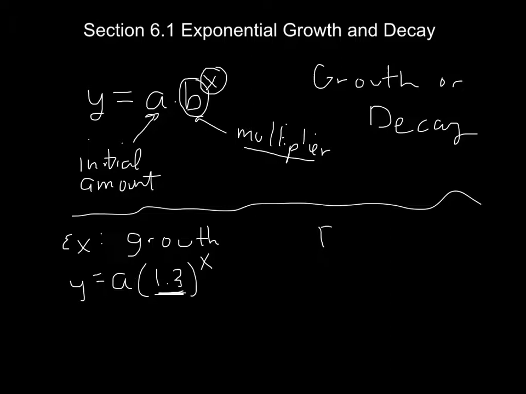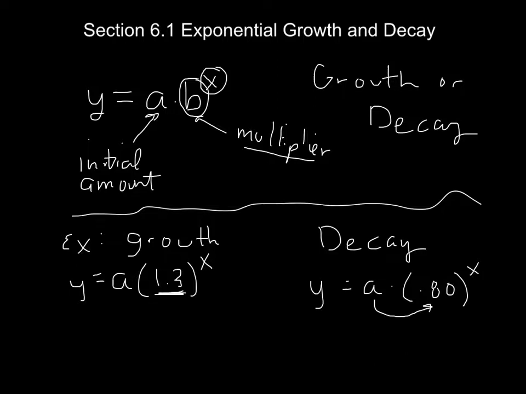For decay, you have y equals a times, say, 0.80 to the x. Whenever I multiply a by 0.8 after I have an initial x value, it's always going to get smaller. Think about if x equals 1, you're only going to have 80% of the population left, whereas over here, for your growth, you have 100% plus another 30%.